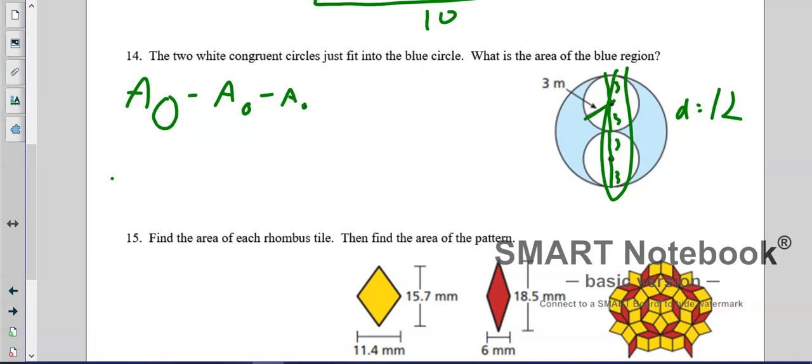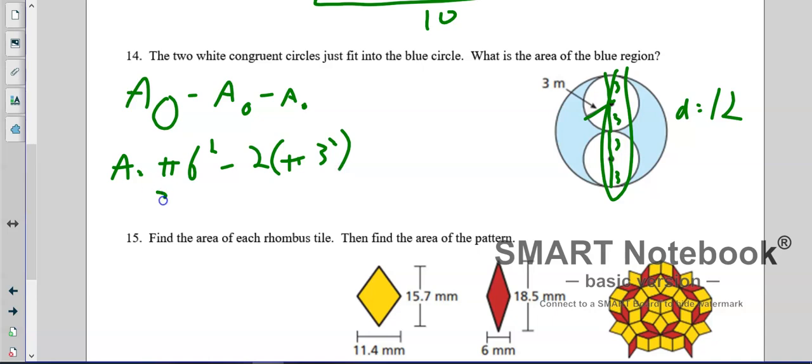So what is the area of the big circle? Well, it's pi times diameter. Okay? Sorry, area. My bad, I think that's circumference. It's pi r squared. So pi times 6 squared. And then the area of the 2 smaller circles, which is pi times 3 squared.